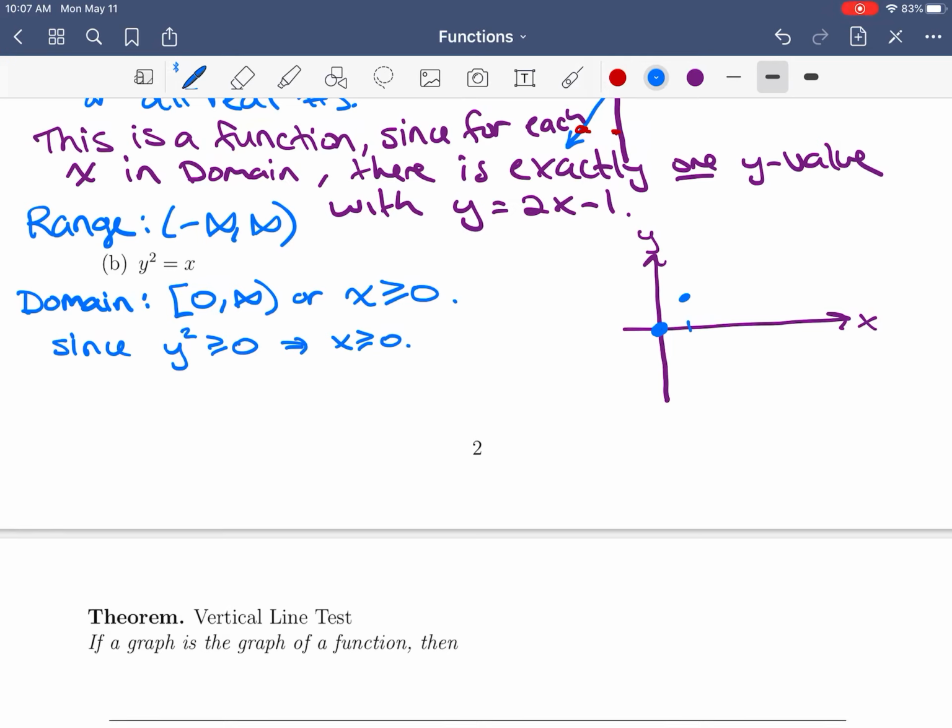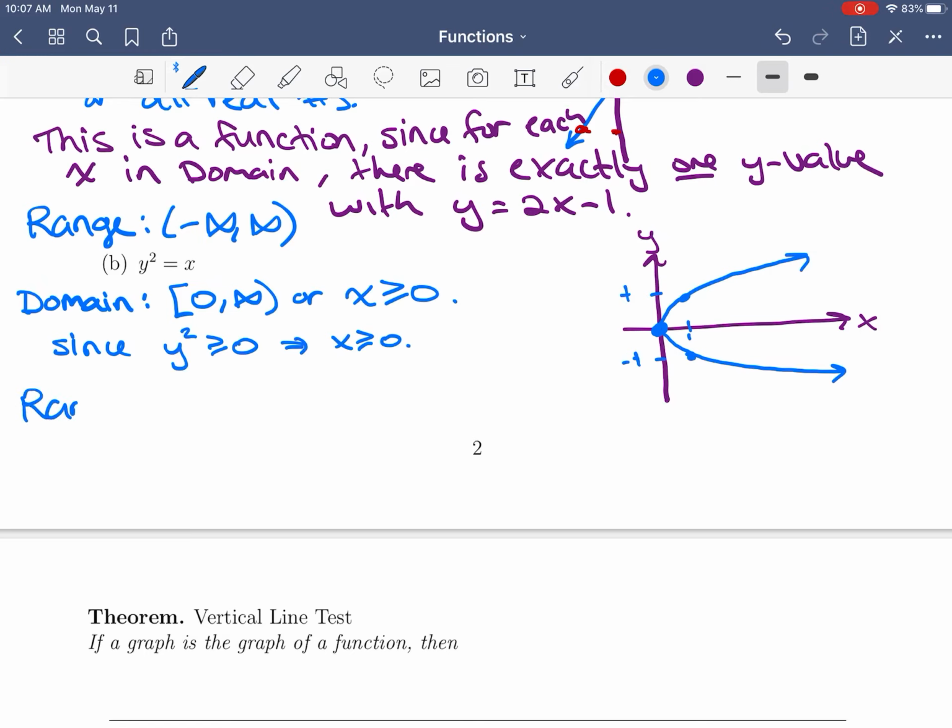When y is negative 1, I'm going to have negative 1 squared, which is also 1. So at x equals 1, you're going to have a point for y is 1 and y is negative 1. Okay, this actually works for all of them, and you end up with a graph that's like a parabola, but on its side. Okay, so that's what the graph looks like.